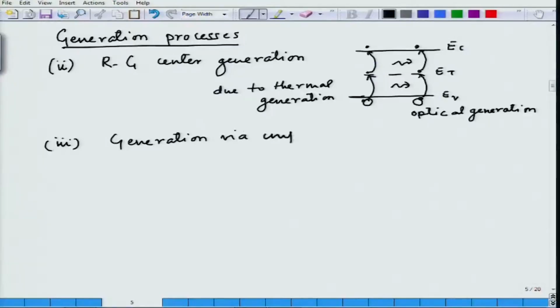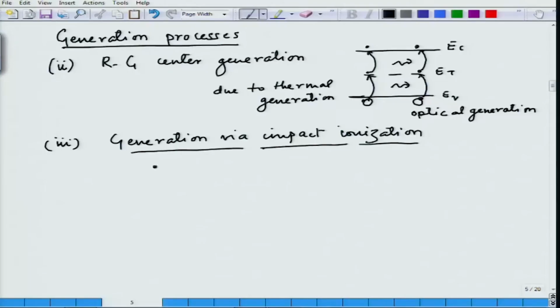Via impact ionization. This is opposite to the Auger process, because in the Auger process the collision of two electrons led to the recombination energy of one electron being given to the second electron, and then that particular energy is lost in heat.